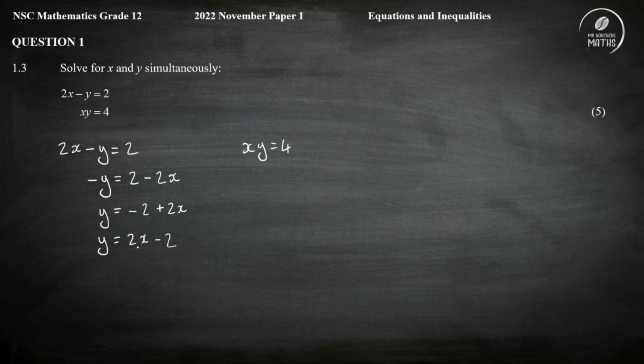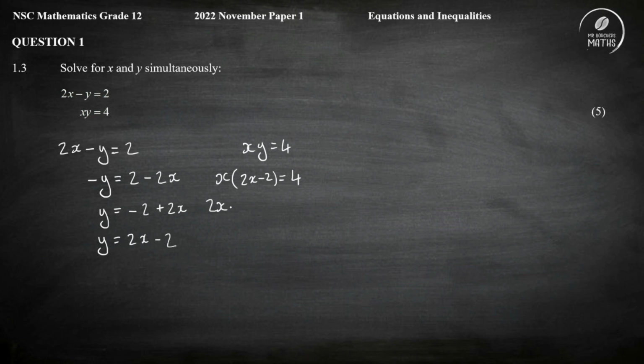Now what we need to do is substitute that variable into the second equation. Wherever we see the letter y in the second equation, we will now replace it with the expression 2x minus 2. So here we go. In our second equation, we would have x, and then in place of the y, 2x minus 2, and that would be equal to 4.